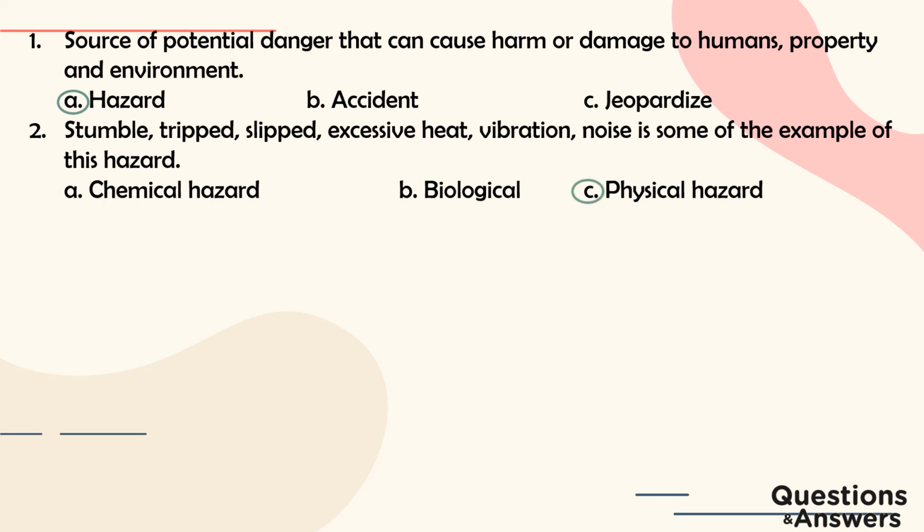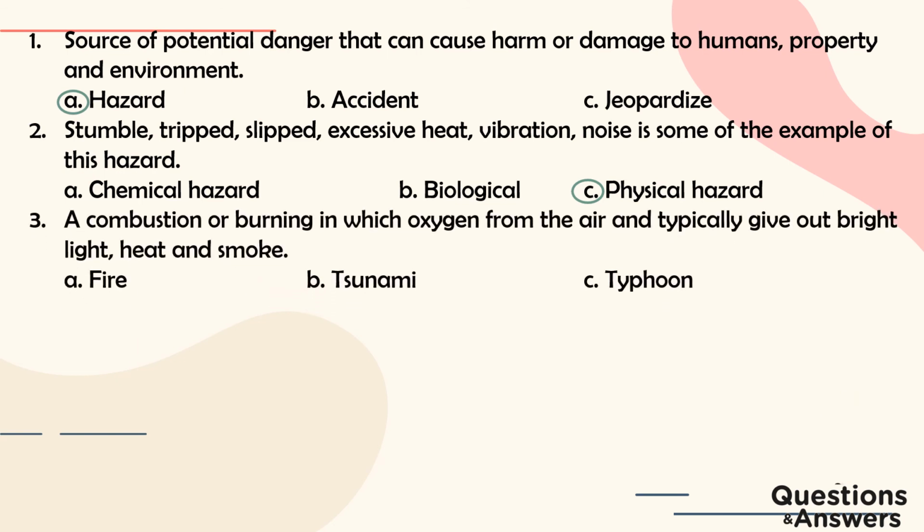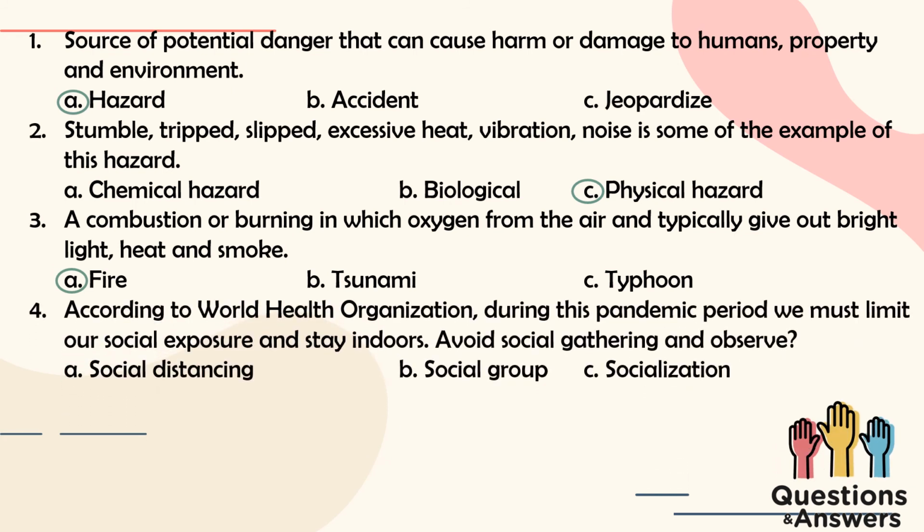Letter C, physical hazard. Number 3, a combustion or burning in which oxygen from the air is used and typically gives out bright light, heat, and smoke. A, fire. B, tsunami. C, typhoon. So the correct answer here in number 3 is letter A. Number 4, according to the World Health Organization, during this pandemic period, we must limit our social exposure and stay indoors.